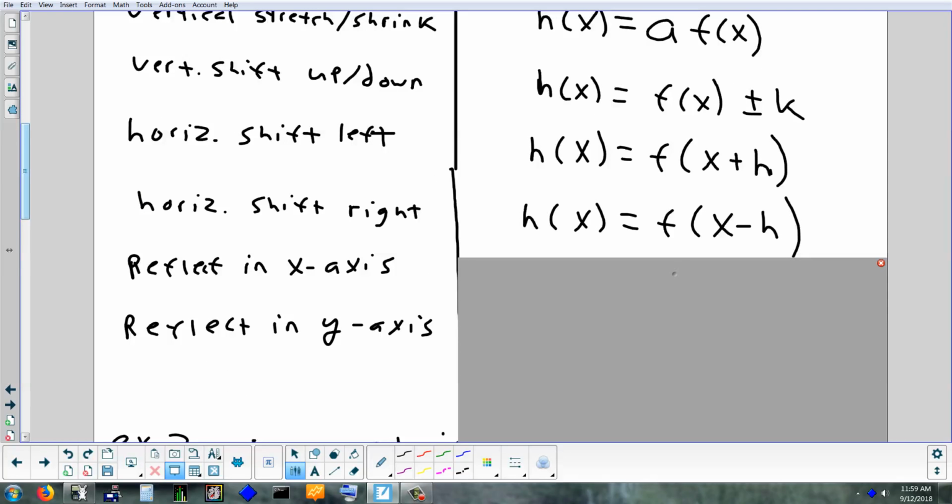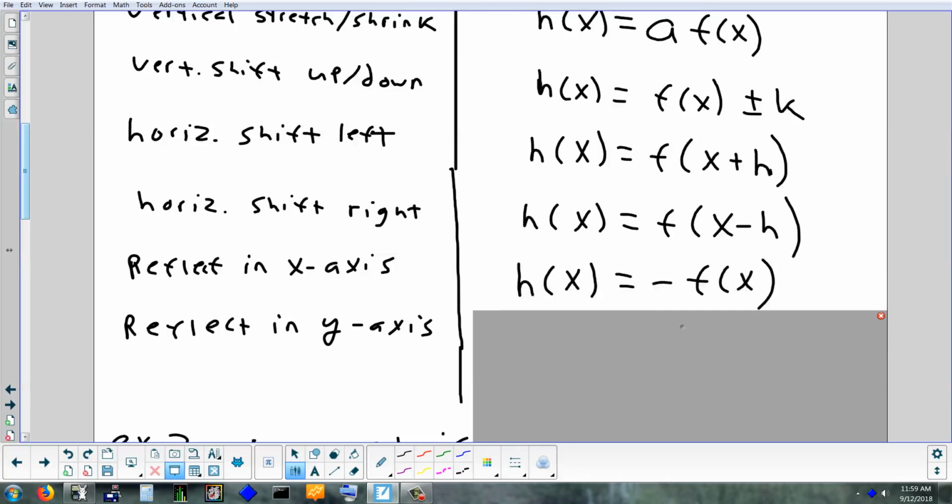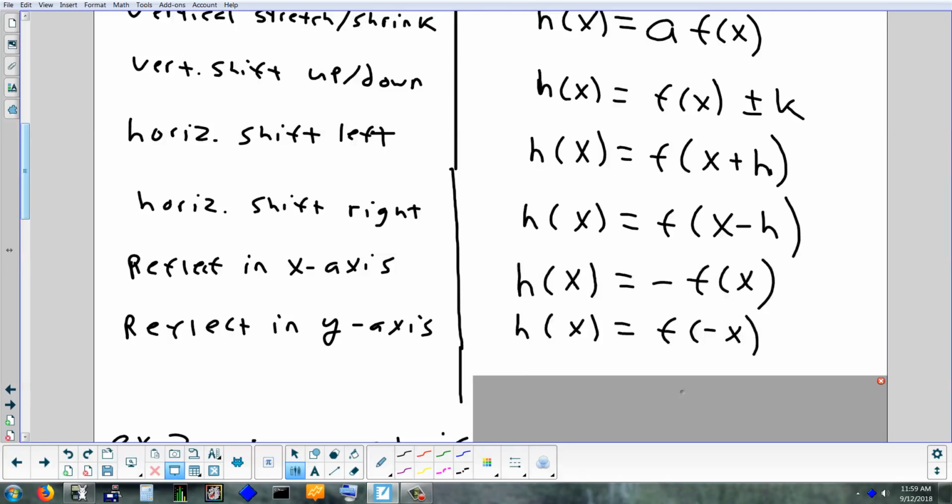Inside. Inside? Yep, so you put it inside. Wait a minute. Oh no, you were right. I'm sorry. You were right. It's outside. I mixed them up. So when you want to reflect over the x-axis, that's what we did yesterday. That was out in front. When you want to do the kind of reflection I showed you today, that's inside.